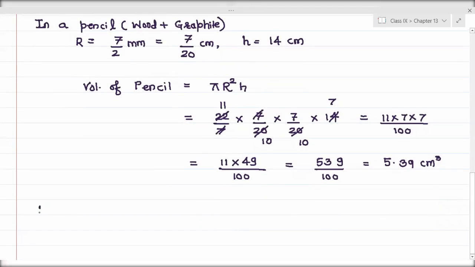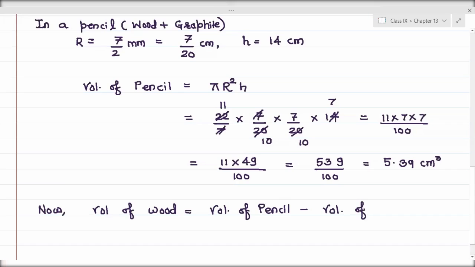Now, if I wish to find out the volume of wood, so volume of wood will be equal to volume of pencil minus volume of graphite. The graphite volume I have to subtract from the volume of the pencil, because pencil includes wood plus graphite.